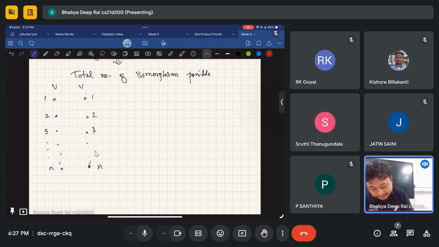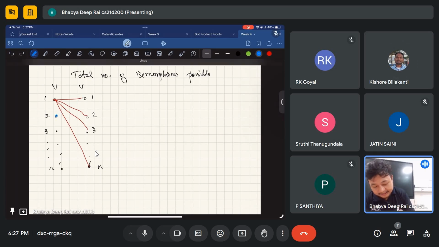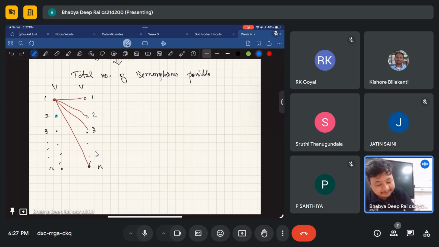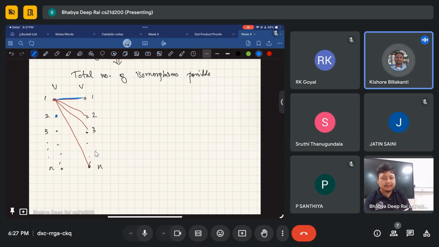The first vertex could map to any of the n ways. Now the second vertex could map to any of the rest. Let's say we fix the first vertex mapped to the first vertex. Is it n to the power n?